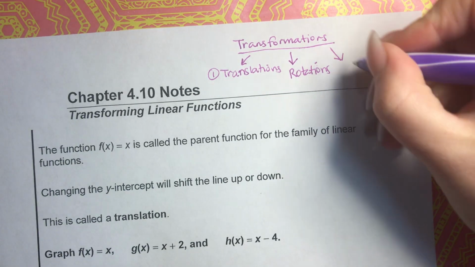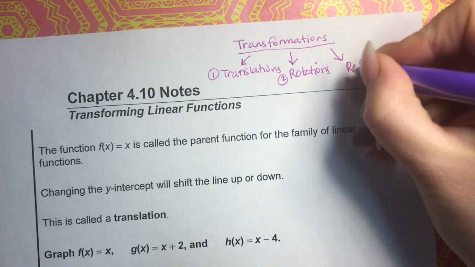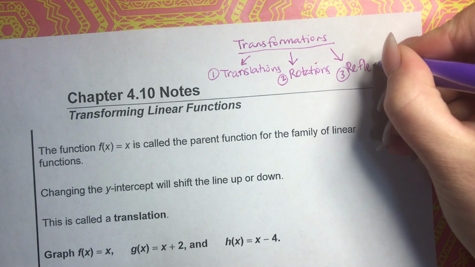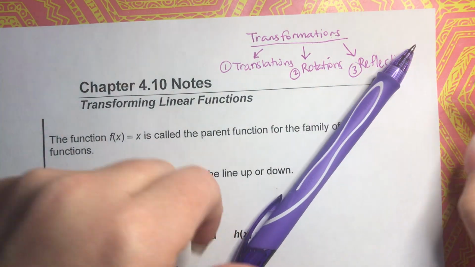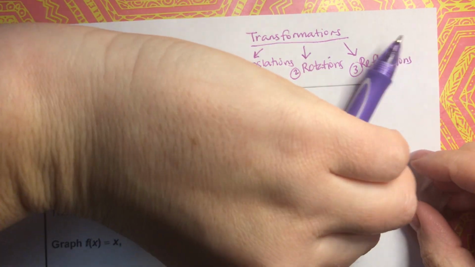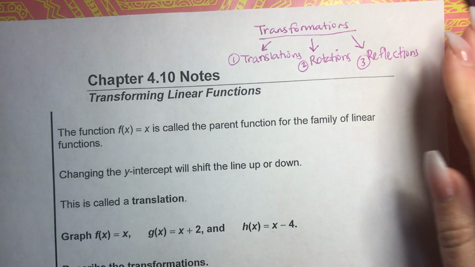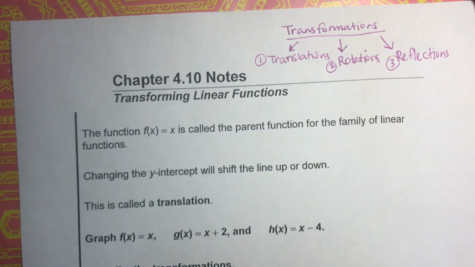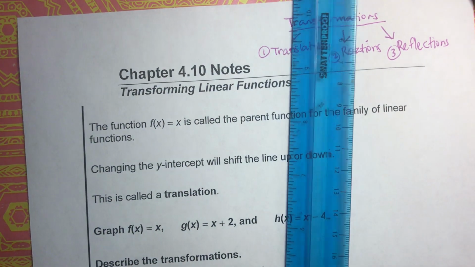And then the last thing we're going to talk about are reflections. Third thing is reflections. And a reflection is just when it's this way and then it reflects across a line. So like if this is my line, right?